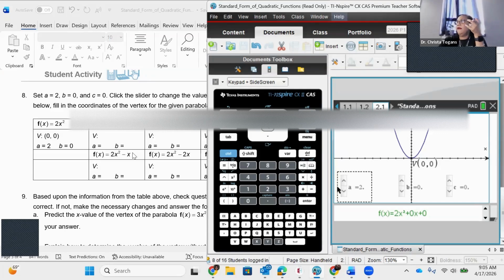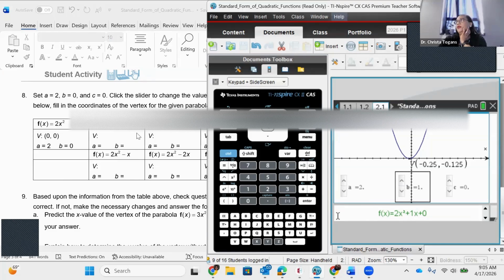Did we do this already? So do you need my help with this, or can you click the buttons yourself? So this one is 2x squared plus x. That means I need to change the A to a 2 and then the B to a 1. All right. So now it looks just like this one, except we don't write 1 over here.